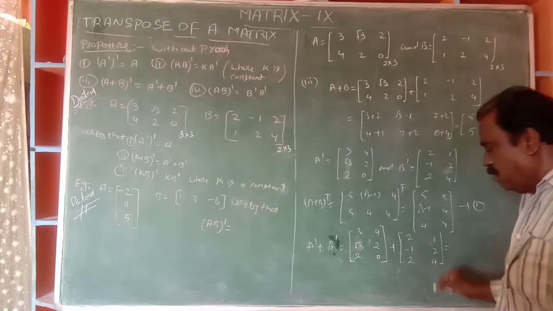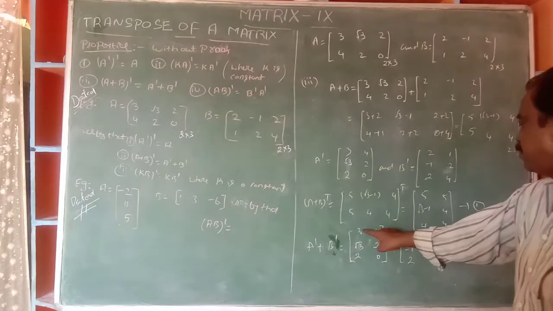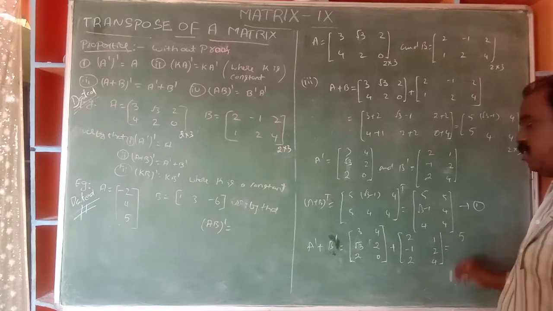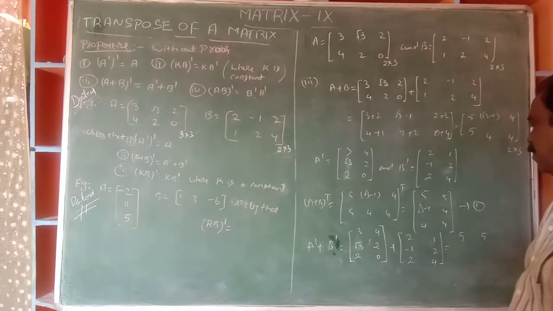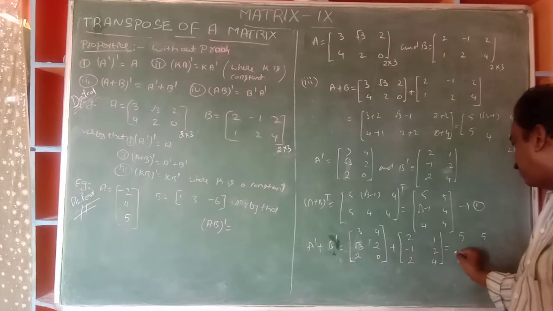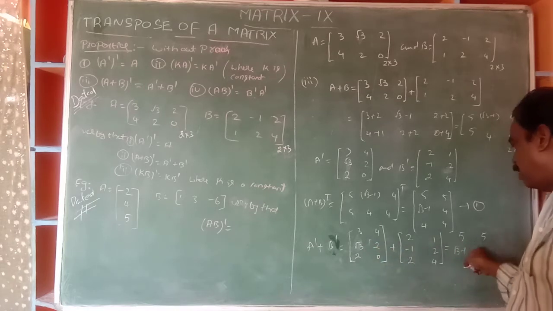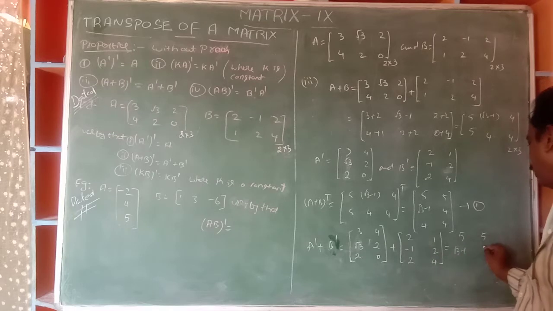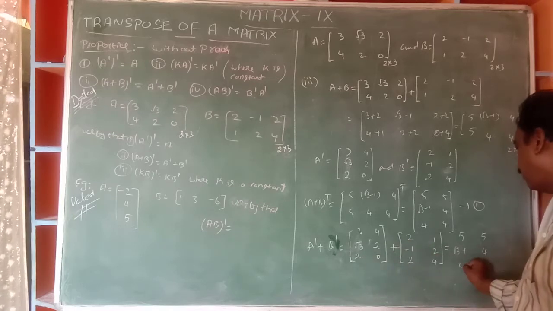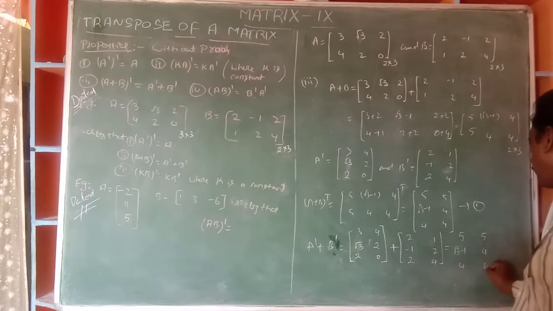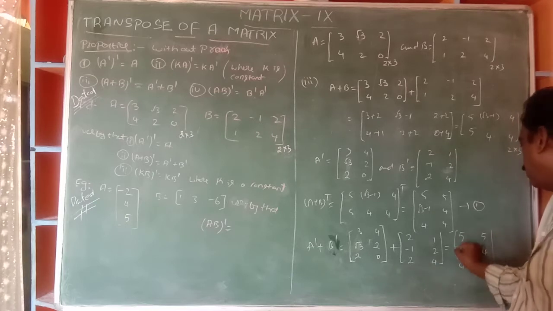What is the addition? 3 plus 2 is 5. Simple. 4 plus 1 is 5. Root 3 plus minus 1 is root 3 minus 1. 2 plus 2 is 4. 2 plus 2 again 4. 0 plus 4 it is 4.